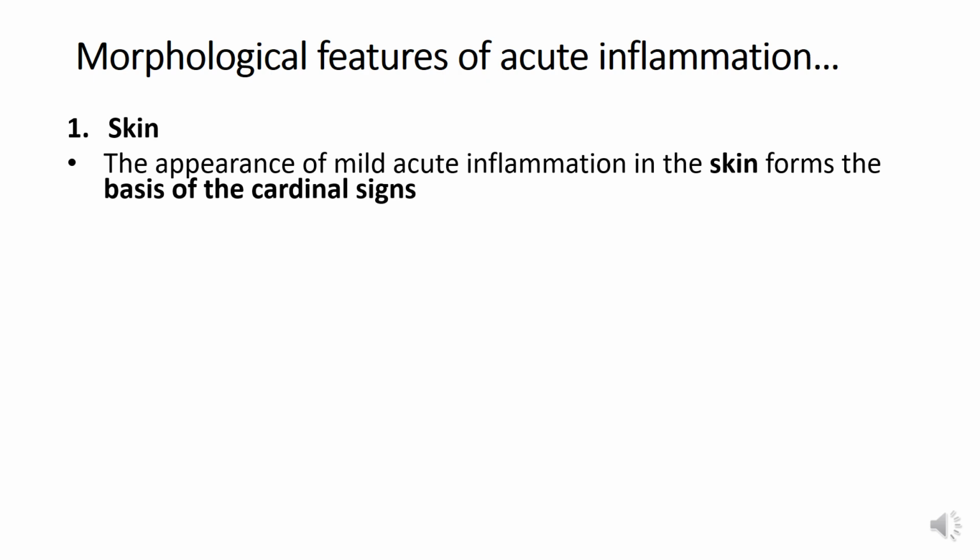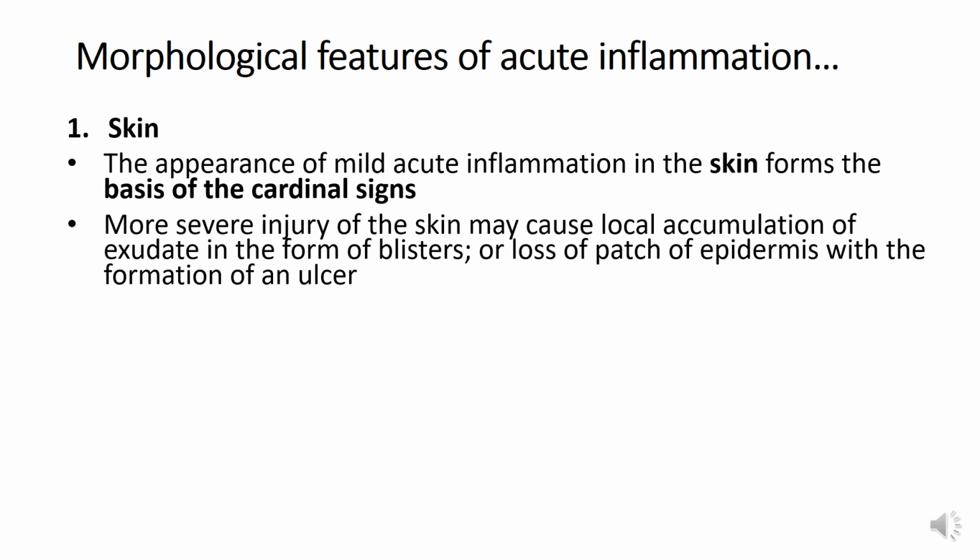So if the skin appears red, any other tissue that is inflamed will also appear red. If there is increased local temperature, because that is what we observe on the skin, any other tissue or organ that is inflamed will also have increased local temperature. That is just a good thing for you to remember and make reference to.